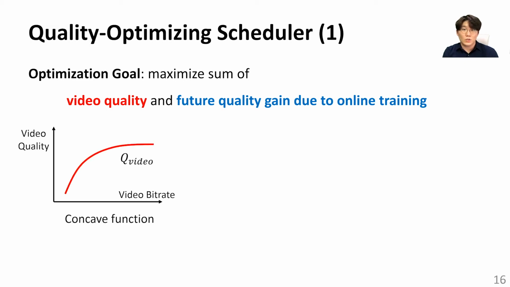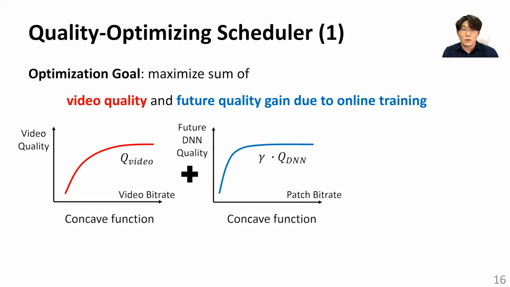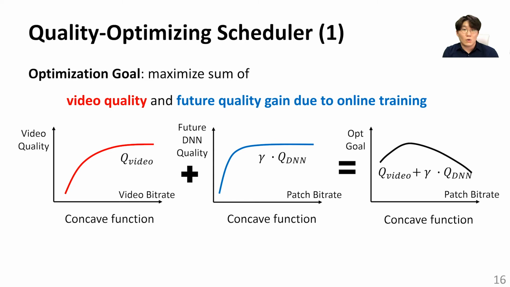First, the video quality function is concave as video quality with regard to the bit rate is concave. Second, the DNN quality function is also concave because it monotonically increases with respect to increase in the training set, yet the marginal improvement diminishes. Since any linear combination of concave functions is concave, our optimization objective is concave function.